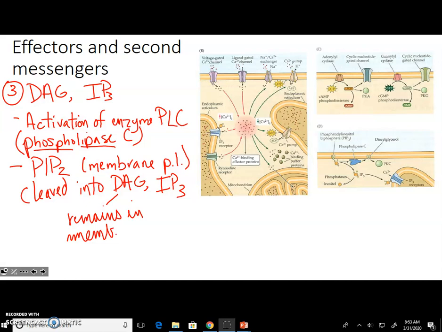It can signal within the cell. So it's released into the cell. DAG can go on to activate protein kinases, like protein kinase C, something that we'll talk about momentarily.